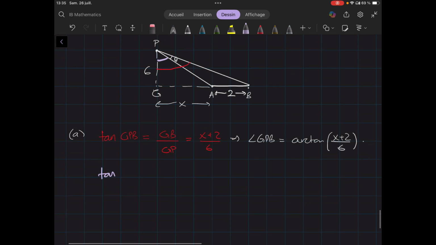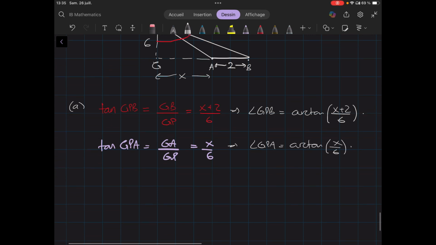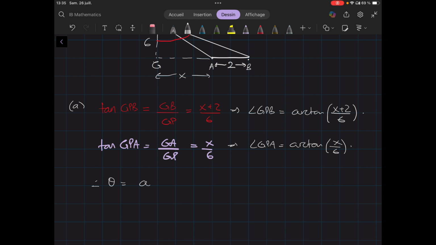Tan of GPA is equal to GA over GP, so x divided by 6. Therefore, the smaller angle is equal to arctan of x divided by 6. Therefore, theta is the difference of the two. And that gives you the printed results.